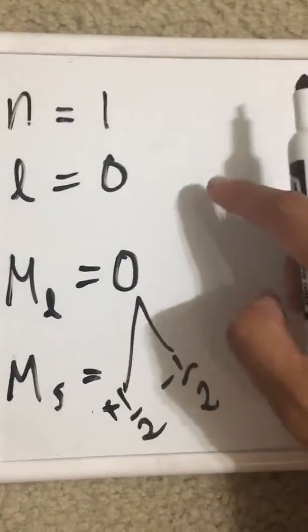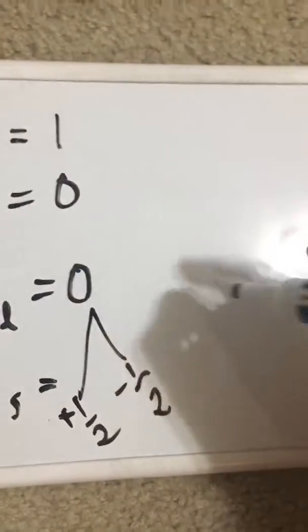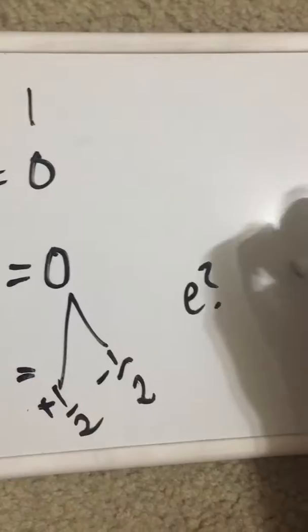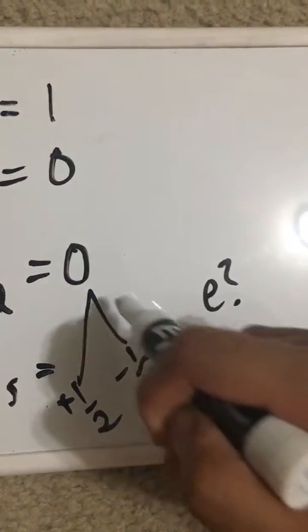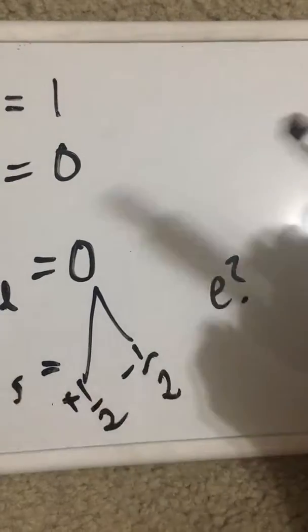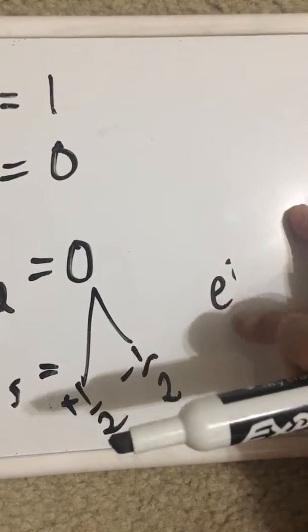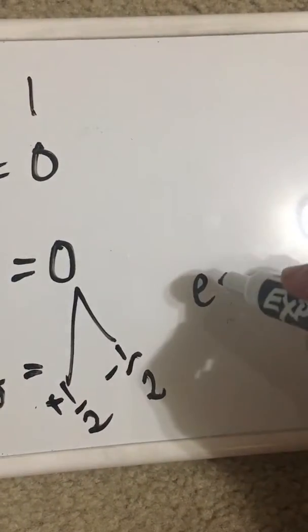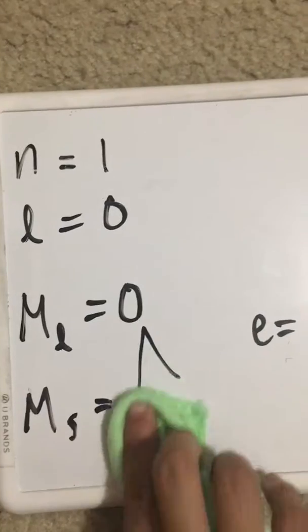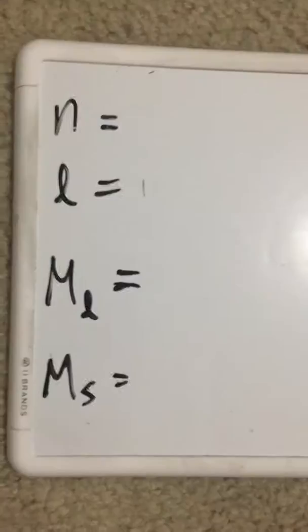So we know in the first energy level, how many electrons are there? Well, we know there's only one orbital, and if we fill it up, there's only 2 electrons. So only 2 electrons.